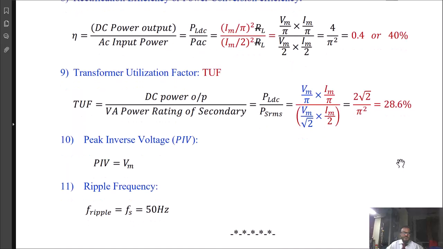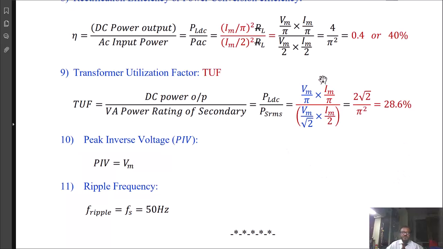The transformer utilization factor is the next parameter, and it is denoted by TUF. The transformer utilization factor TUF is defined as DC power output divided by the volt ampere power rating of the secondary winding. That is equal to PLDC upon PSRMS.